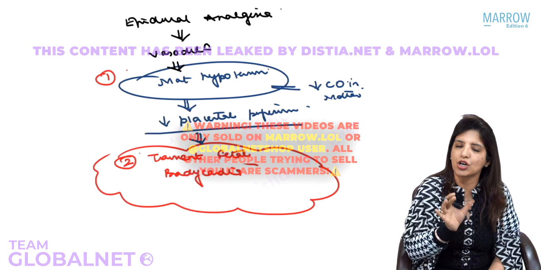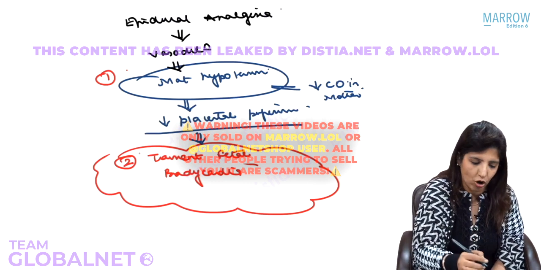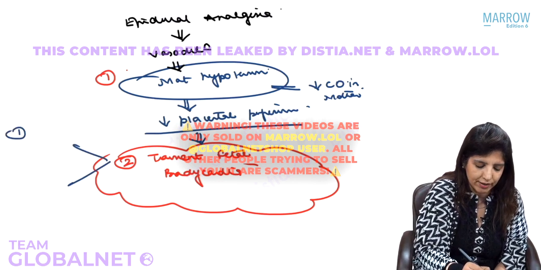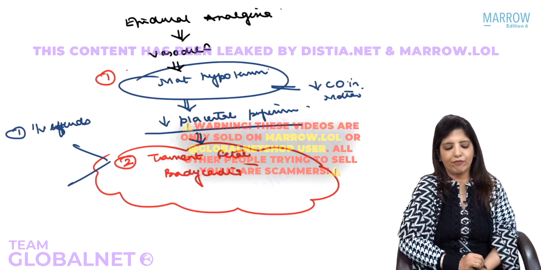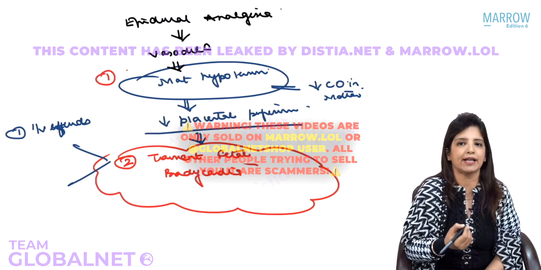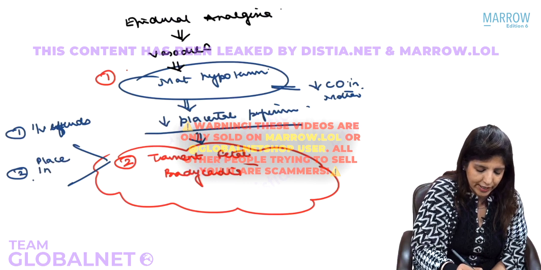So if there is transient fetal bradycardia which is happening due to epidural block, the two steps which you are going to do immediately are, number one, you are going to start IV fluids. Right? So you have to relieve the hypotension. You are going to start IV fluids, Ringer lactate or normal saline. You are going to place the mother in left lateral position.